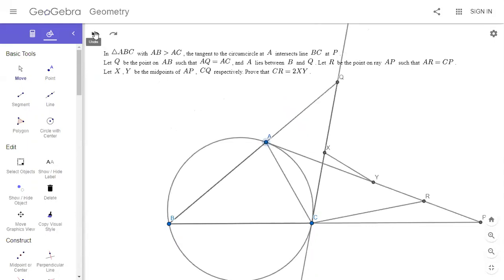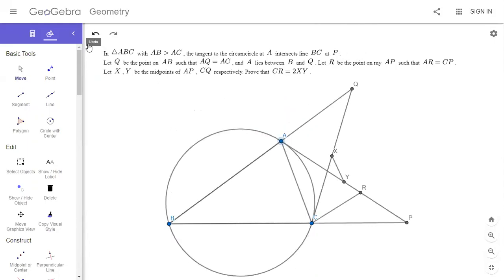It looked tangent in that diagram, but not necessarily. I'm gonna try something here just for fun. Can I do segment AQ? Whoops.